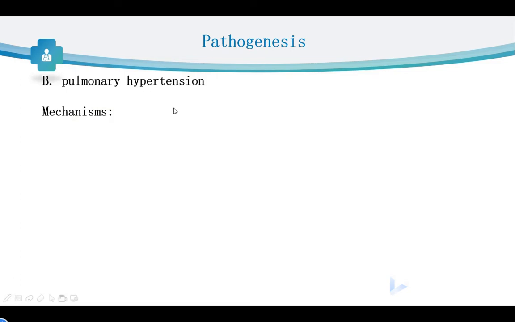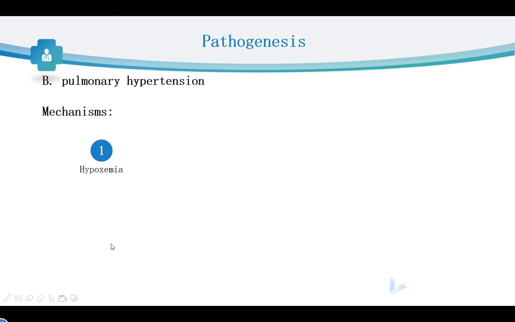For now, there are three mechanisms for the pulmonary hypertension. The first one, which is also the most popular one, is that the primary pulmonary disease or thoracic disease will cause a hypoxia firstly.